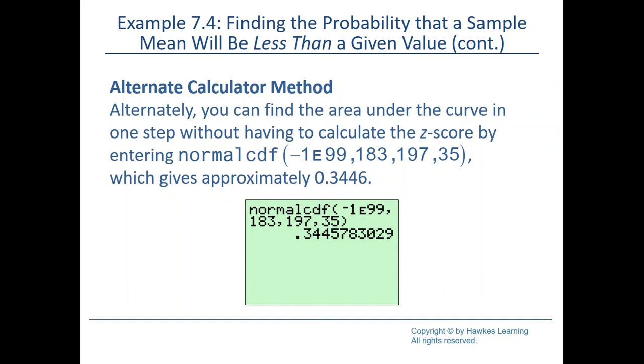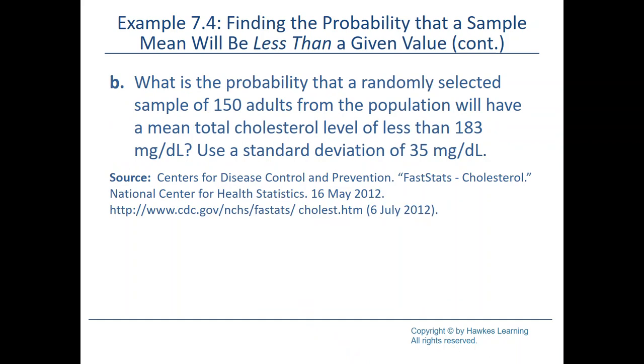Now, let's take that problem another step further. What is the probability that a randomly selected sample of 150 adults from the population will have a mean total cholesterol level less than 183? Again, for this problem it's going to really help if we do a sketch of the normal curve.